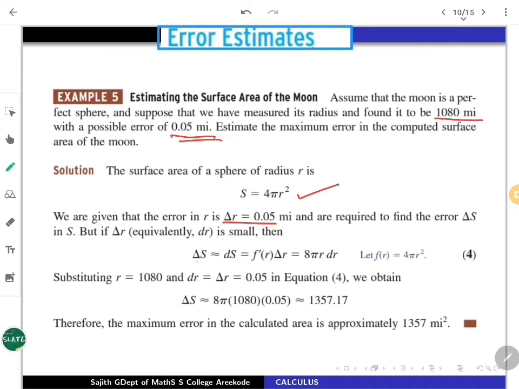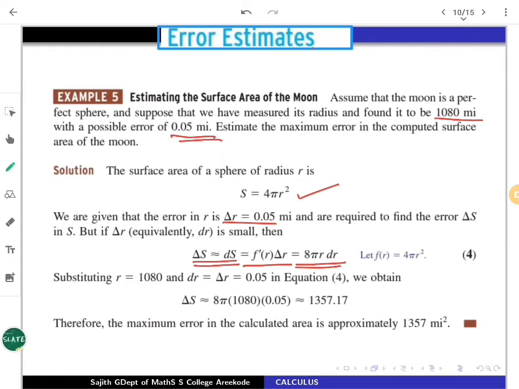Delta S is approximated by dS, the differential of S, which is given by the formula f prime at r times delta r. Obviously, it gives you 8 pi r dr, because our function is 4 pi r square, and on differentiation you will get f prime of r as 8 pi r.